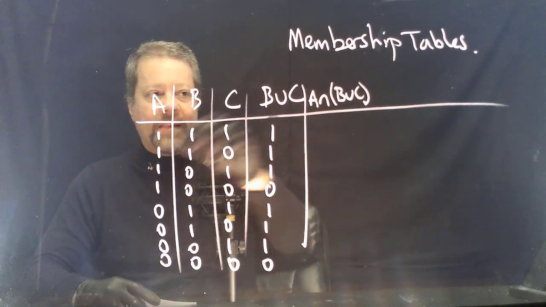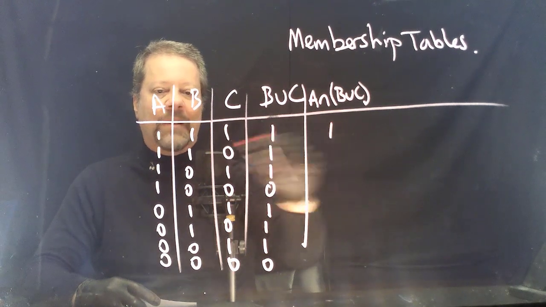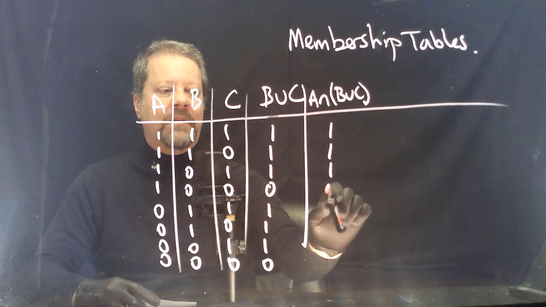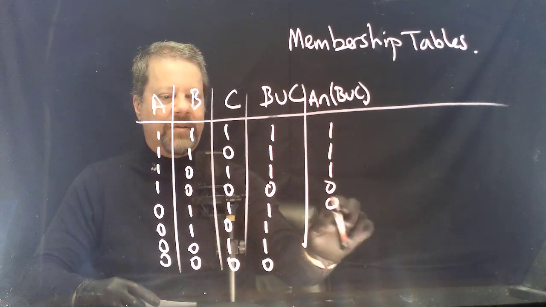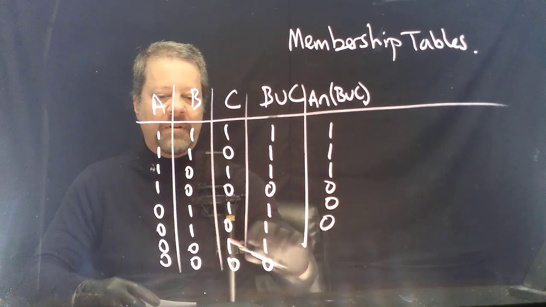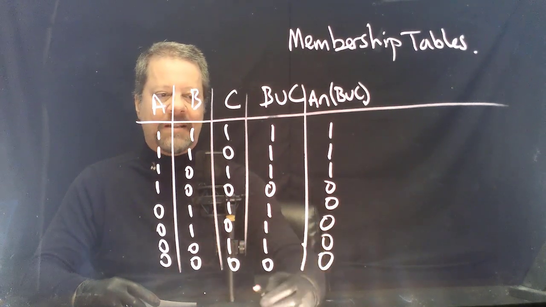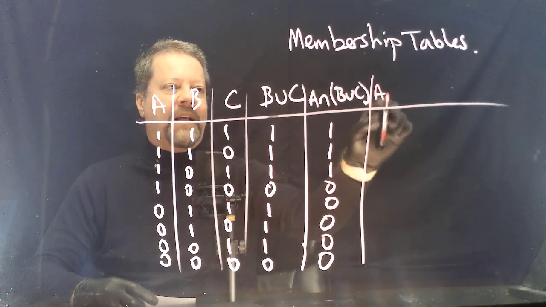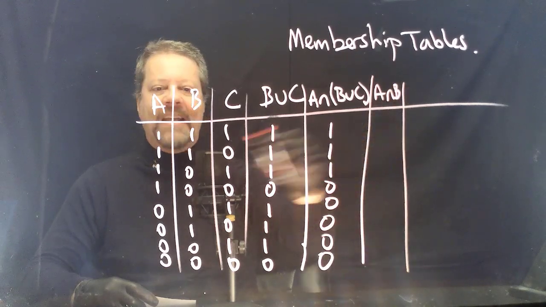Those are the things in A and in B union C. So we have an and statement here. 1, 1, 1, 0, 0, 0, 0, and 0. Has to be and.